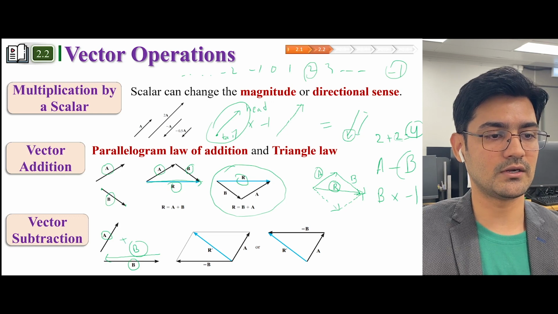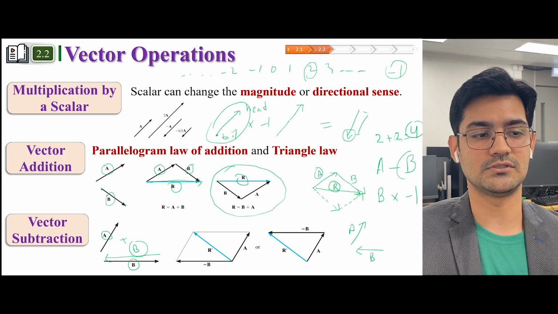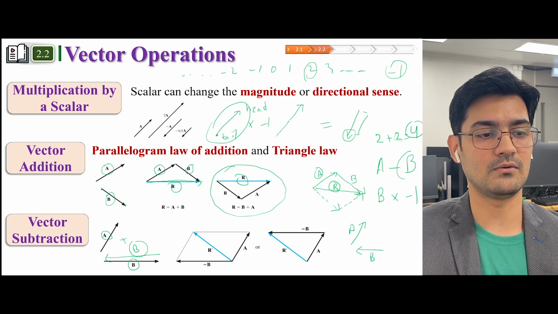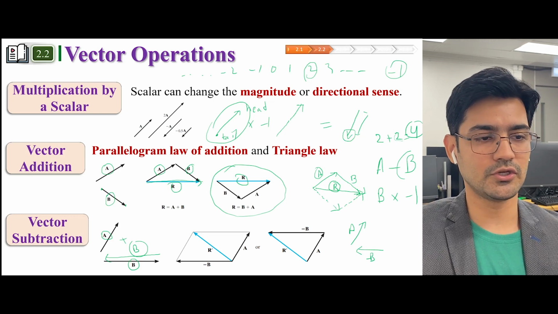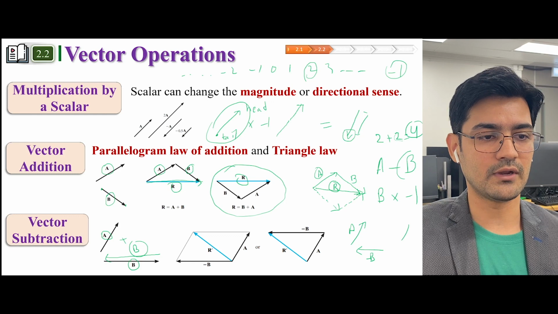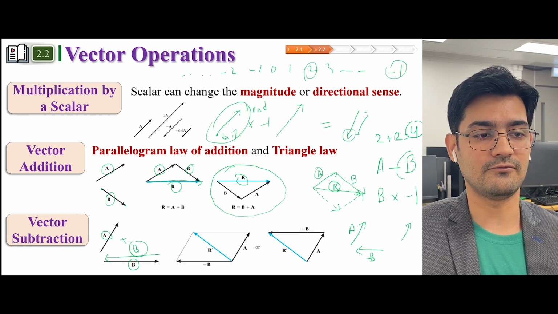So this was vector A, and when you reverse the direction of vector B, this was the new vector, which I will call negative B. So you will use a similar rule.